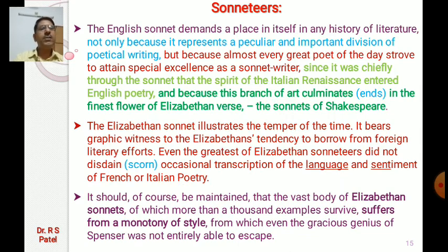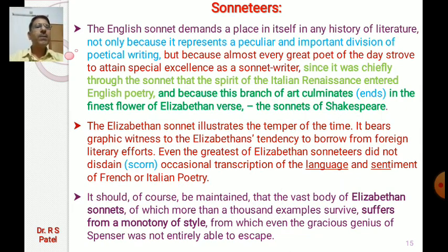Since it was chiefly through the sonnet that the spirit of the Italian Renaissance entered English poetry. Sonnet was a form of poetry brought from Italy, and it is through that form the Italian Renaissance entered into English poetry, and that became the vehicle of introducing Renaissance into England and English language and literature.